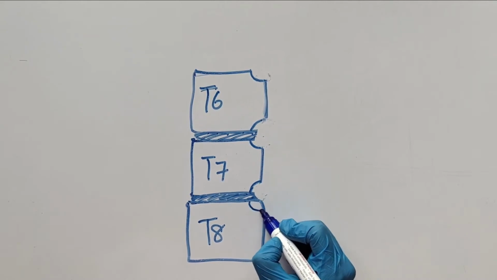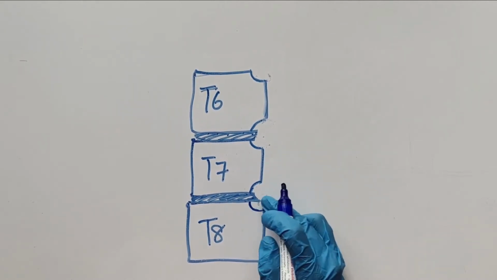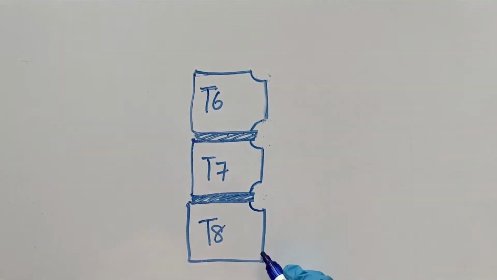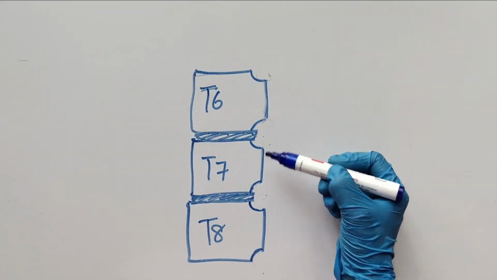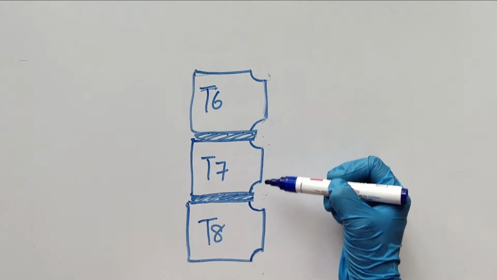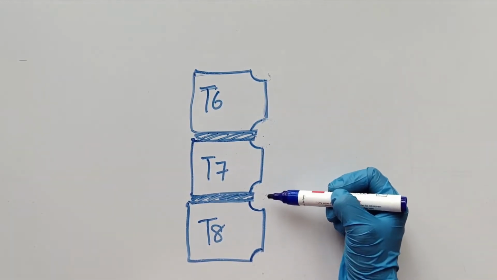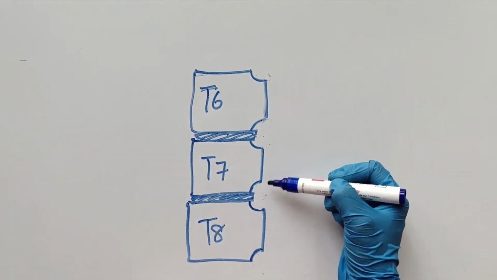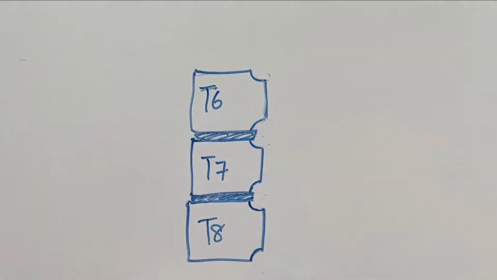Again, here comes the superior costal facet of T8 thoracic vertebrae, and here comes the inferior costal facet of T8 thoracic vertebrae. Now you can find notches in between the bodies of the thoracic vertebrae, and to these notches the heads of the ribs articulate.